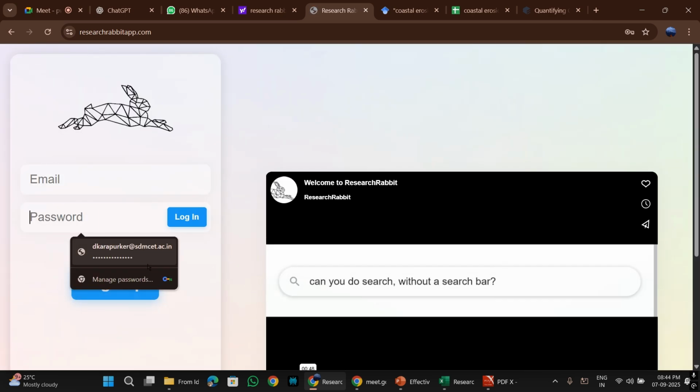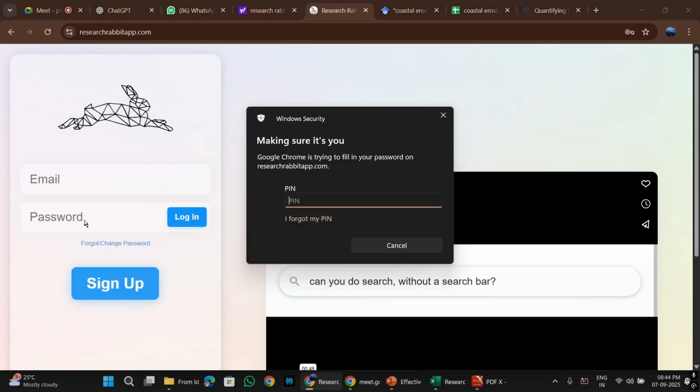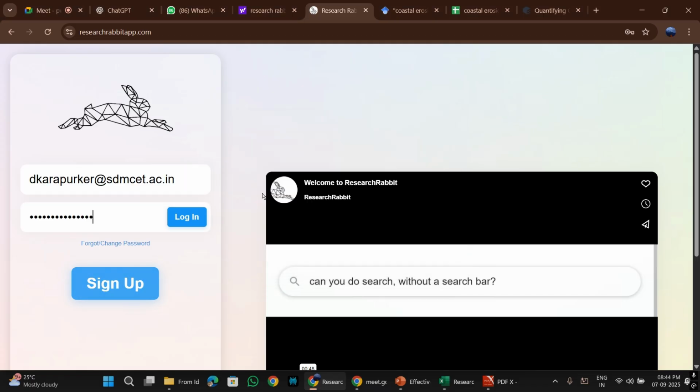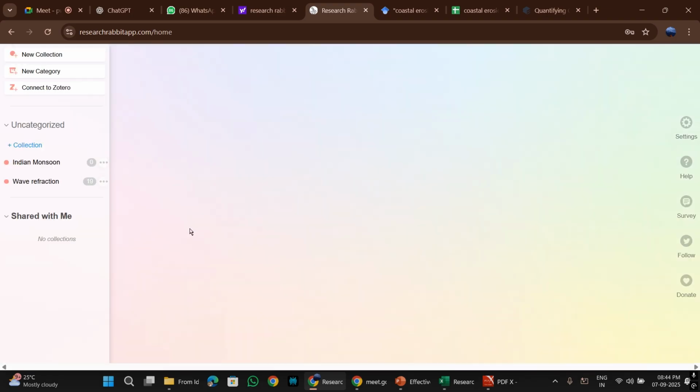You can sign up. Okay. So here you can make a new collection for each theme that you are trying to search for. You can create a new collection.